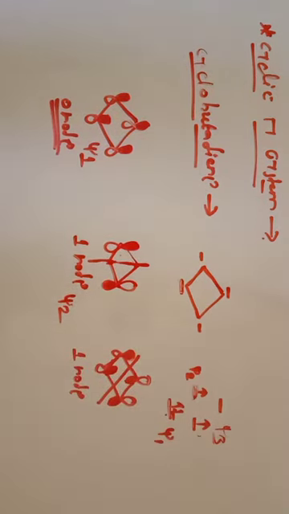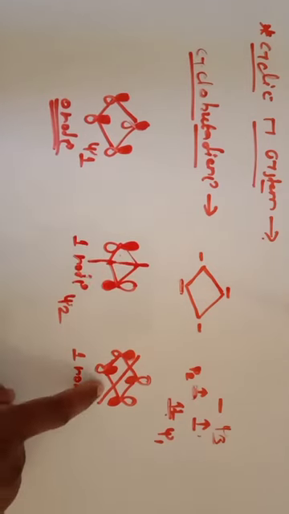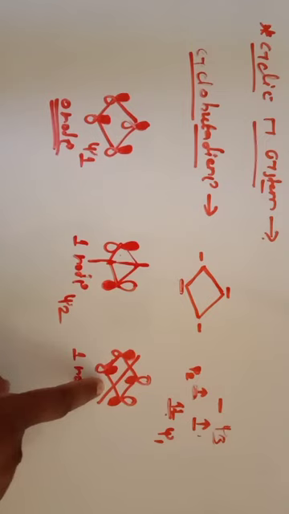So this is your psi 1, it consists of zero nodes. This is your psi 2, it has one node, so this representation also has one node, and this representation is also having one node.